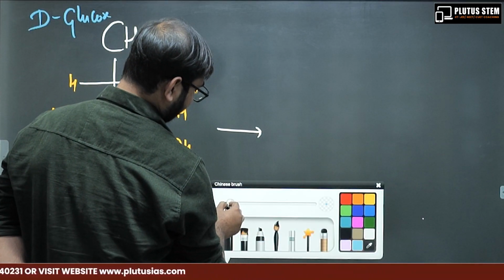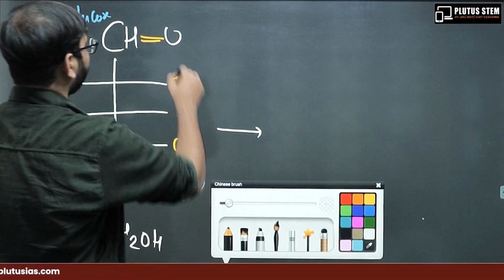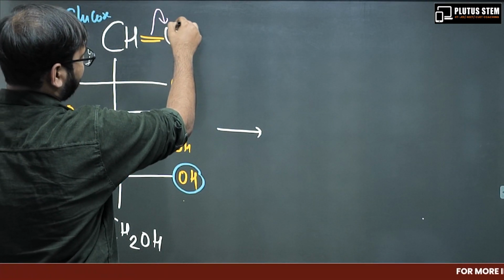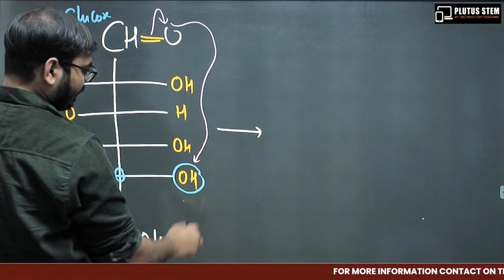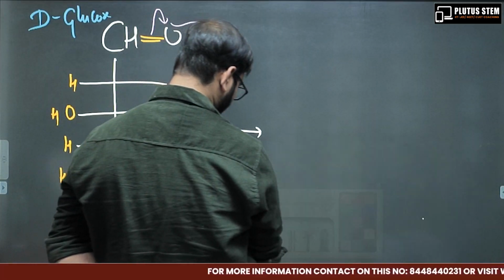Now, this carbonyl group by resonance pulls the electron density and attacks this particular hydrogen. So when it attacks it, there are two different options.